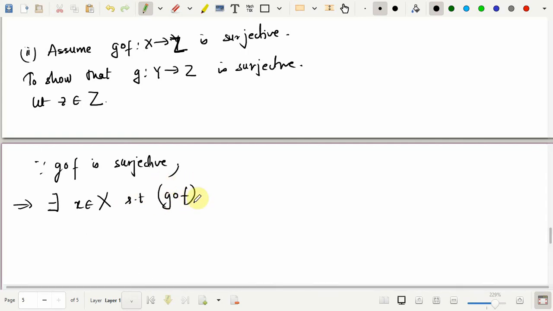That's the same as saying G of f of x is equal to z.